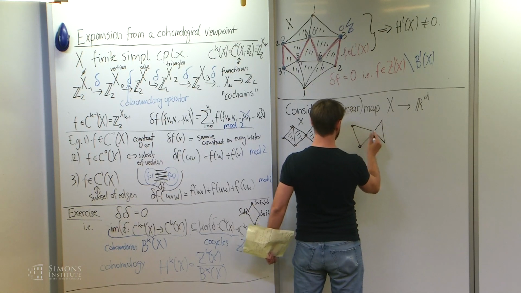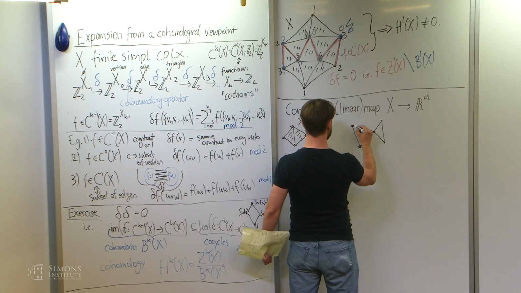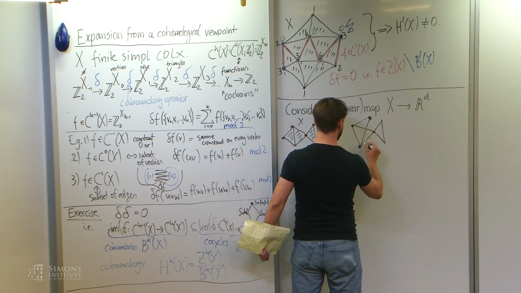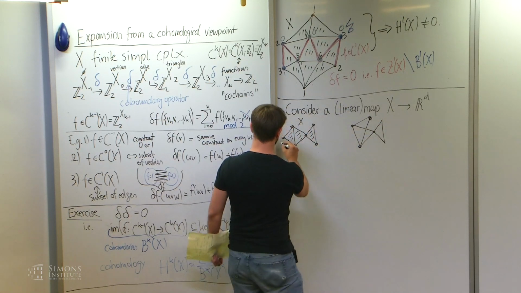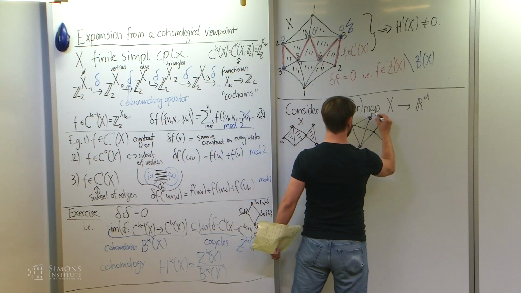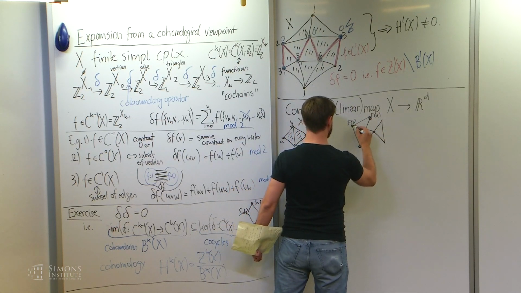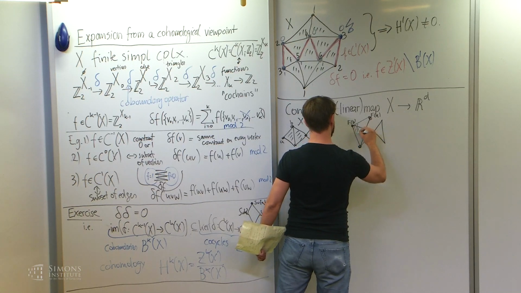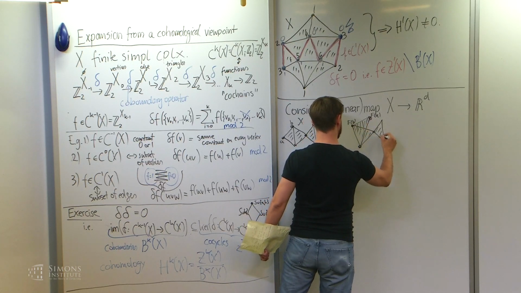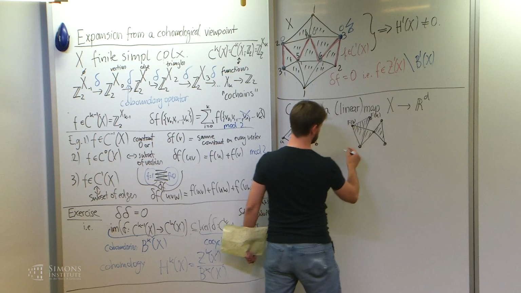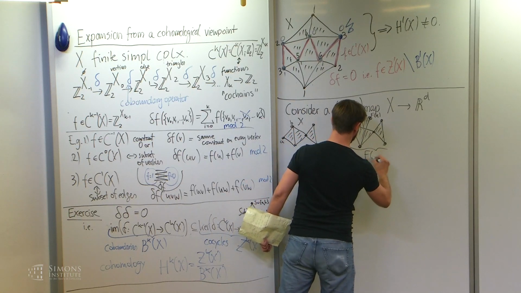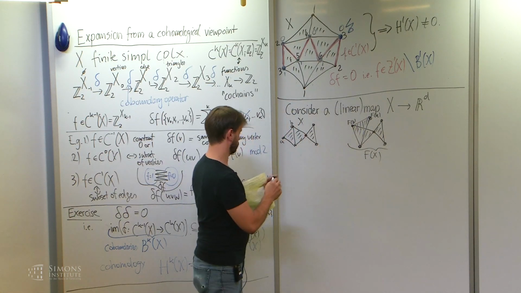So maybe I map these vertices like this, and then maybe I fold this one like this. If this is A, this would be f of A. If this is B, this is f of B. So this would be my f. Okay, why not?